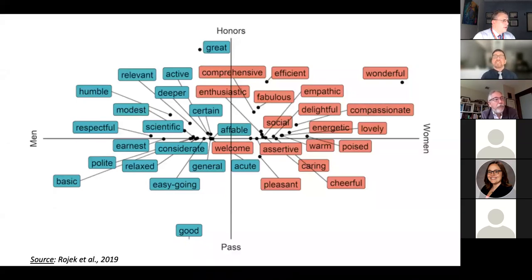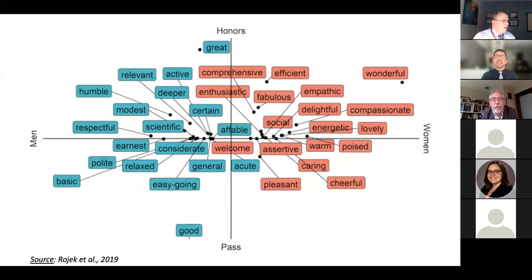And what you're seeing on the screen are terms that emerged that had significant difference at the 0.05 level in usage of terms. In this chart by gender, and in a second, we'll look at the chart on URM status.